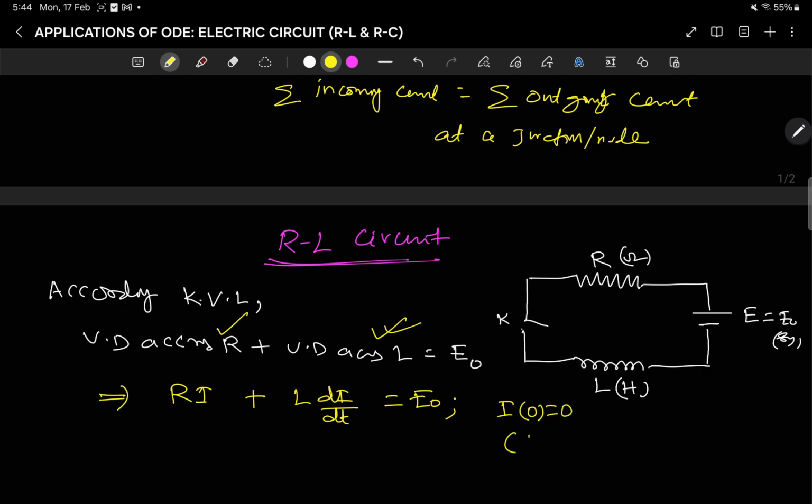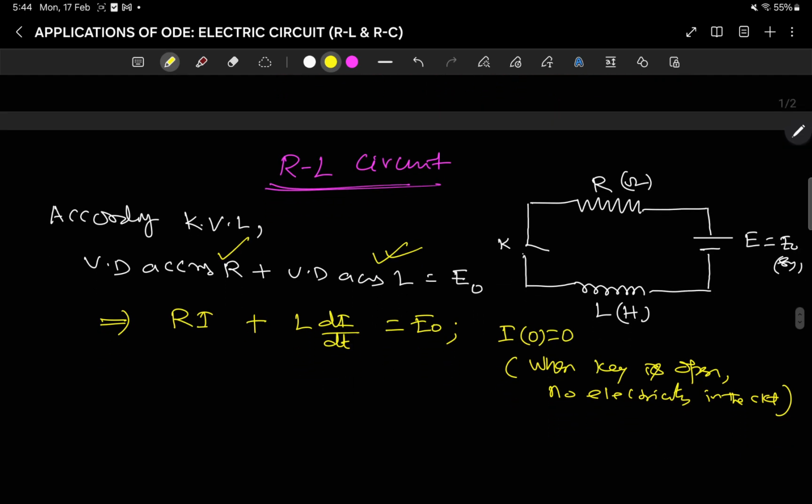That means when the key is open, there is no electricity in the circuit, right? So this is i of 0 is equal to 0.